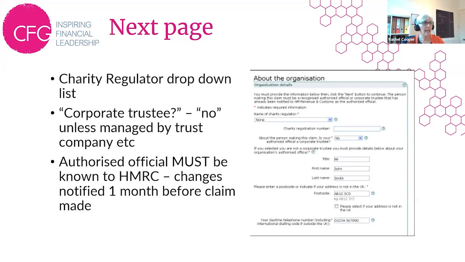We'll come to this on the errors page, but one of the errors that does happen is that they reject claims if the name on this form is not a name that they recognise, because they will only deal with authorised officials.